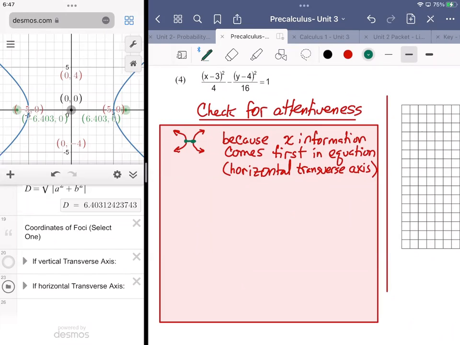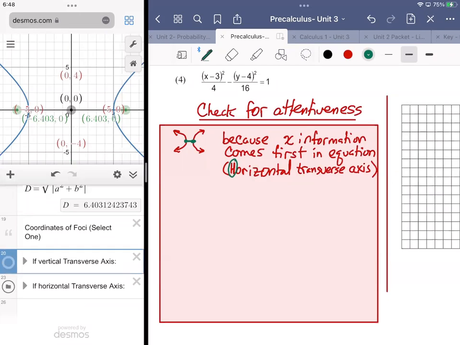The figure almost looks like an H. H as in, if I made this a capital H in horizontal, the figure looks like an H, horizontal transverse axis. They said it helped. If it helps you, that's great. So I need that information because that's going to help me place my foci. And I'll know not to select vertical transverse axis.